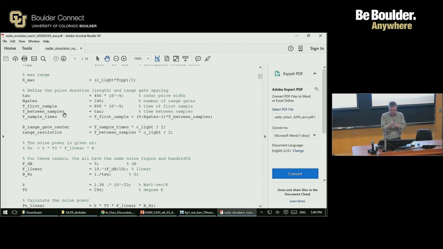This is the time between one A to D sample to the next. I've made it a separate variable other than tau because you could transmit a long pulse, and we'll do pulse modulation where we'll have a long pulse, but our A to D samples will be faster than tau. Okay, that was one thing I missed, because I didn't think of how to fit in the time to first sample.